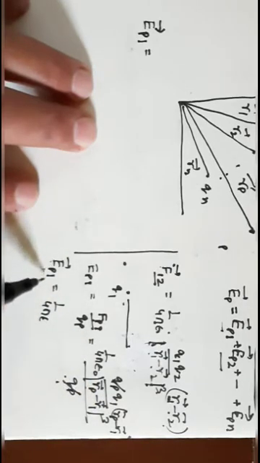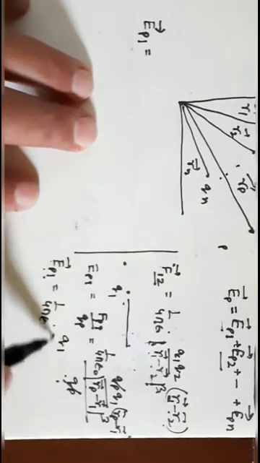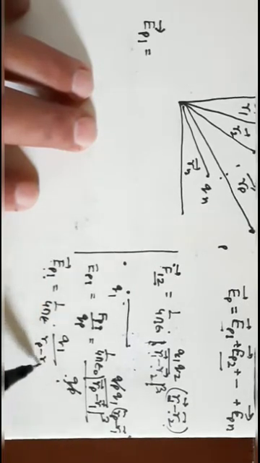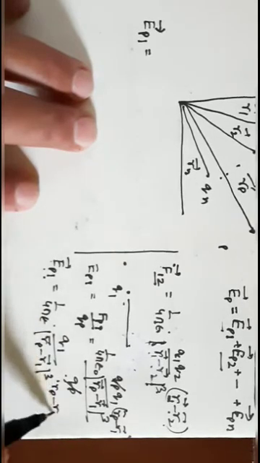The electric field at point P due to the first charge is 1 upon 4 pi epsilon naught q1 divided by mod rp minus r1 cube, times the vector rp minus r1.